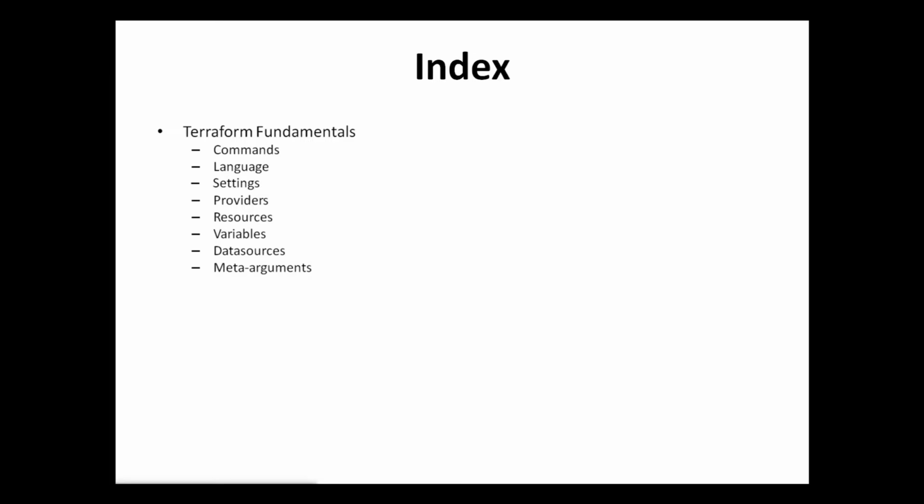We have also seen the top level blocks, which are the Terraform settings block, provider block, resource block, input variables block, output values block, local values block, data sources block, and modules block. And likewise, we have implemented the practical session also.